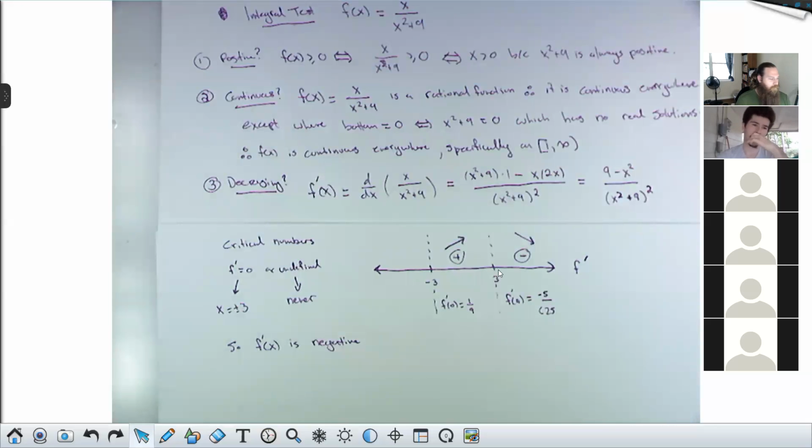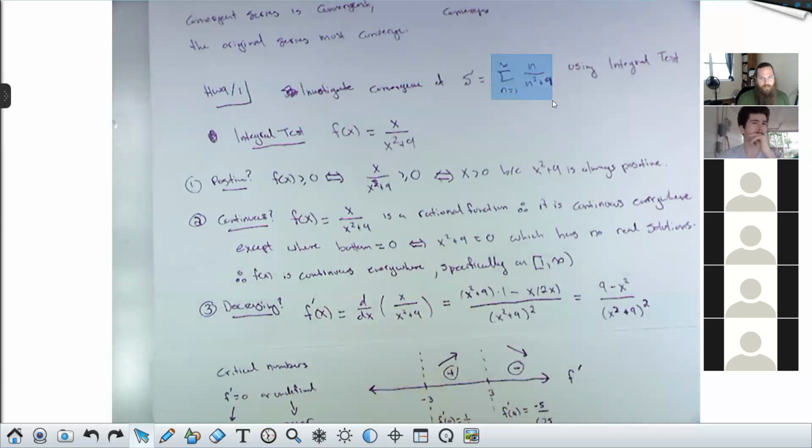Basically, what we're doing is we're saying, okay, instead of applying the integral test to this series, I'm really thinking of it like I'm applying the integral test to the series starting at 3. Those 2 series only differ by 2 terms. So if the one starting at 3 converges, the one starting at 1 will converge. That's the logic there.